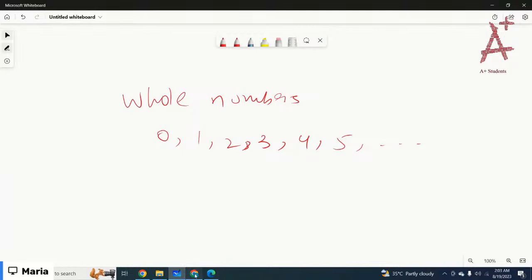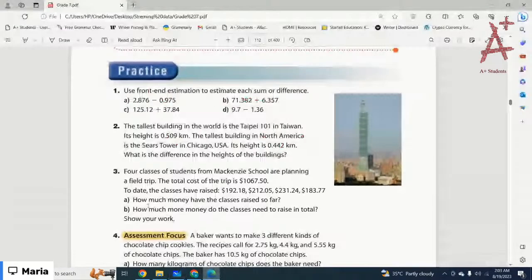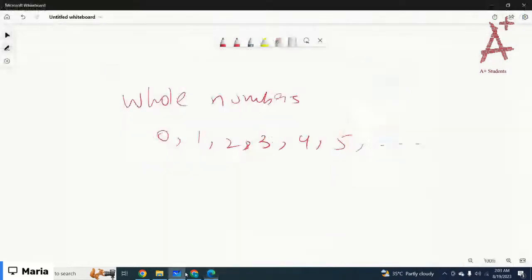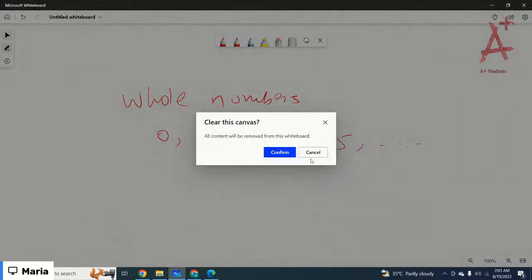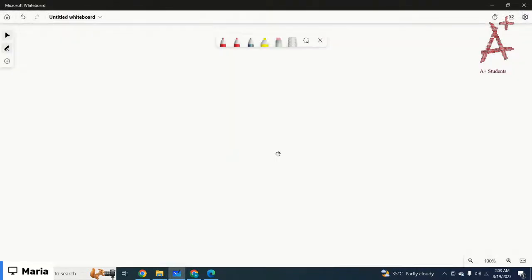Okay, let's start with the first example. These are not whole numbers we're working on, they are decimals. This one, 2.876 minus 0.975, they are decimals. Whole numbers are the numbers without a decimal portion: 0, 1, 2, 3.